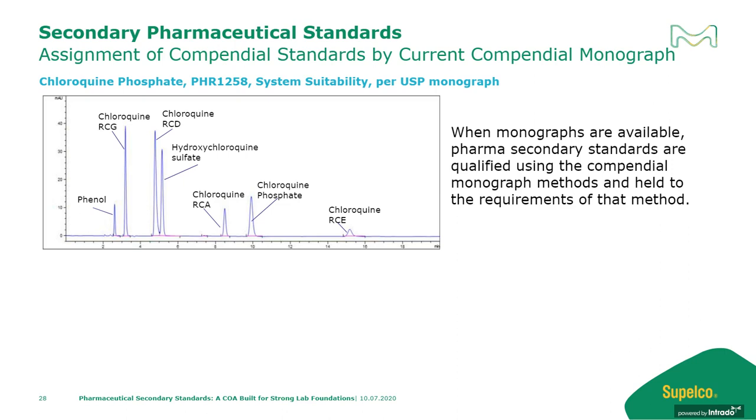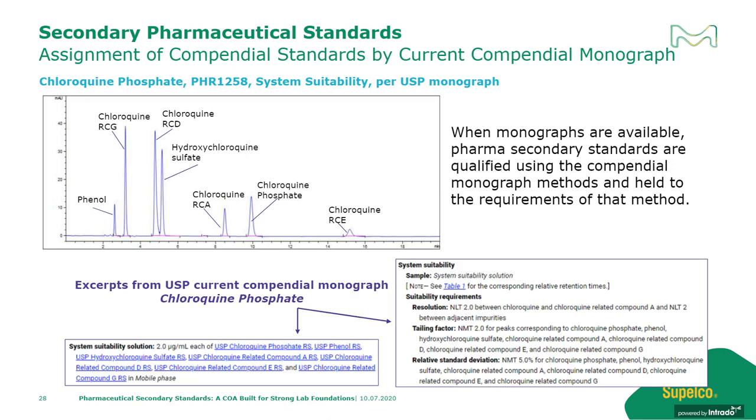Per USP monograph, the system suitability was required to have all of these components present: phenol, RCG, RCD, hydroxychloroquine sulfate, RCA, the API, and related compound E. Also, the system suitability was required to meet certain requirements, such as resolution, tailing, and standard deviation, to show that the method was behaving correctly on our chromatographic system. Upon qualification of the pharmaceutical secondary standard, PHR 1258, all of these system suitability requirements were evaluated and met.